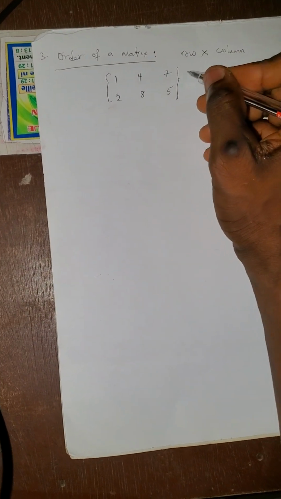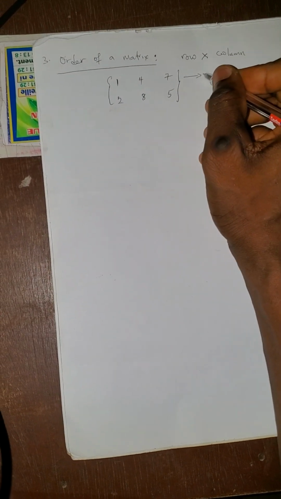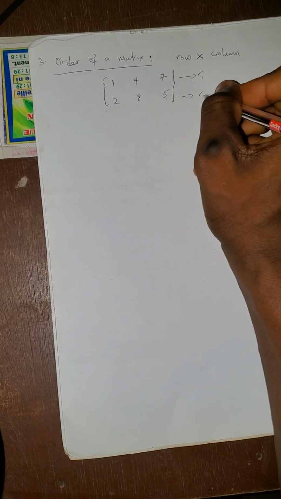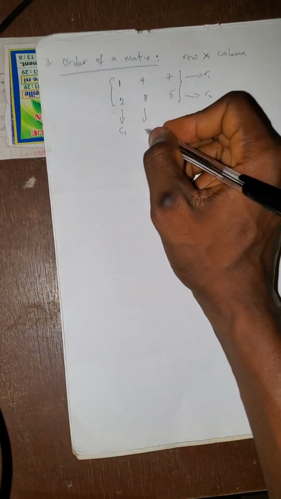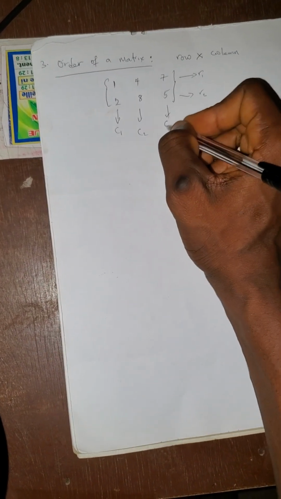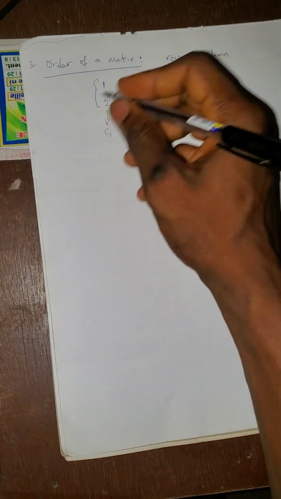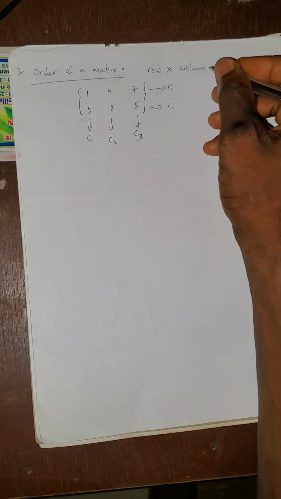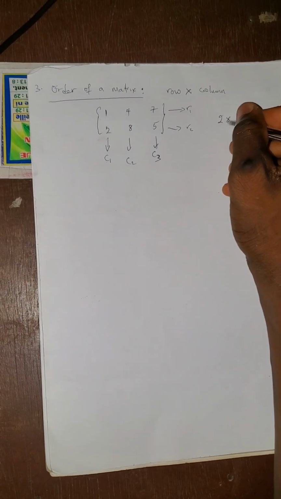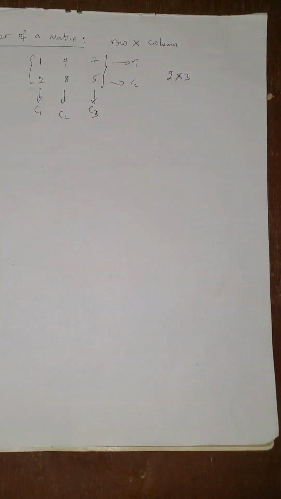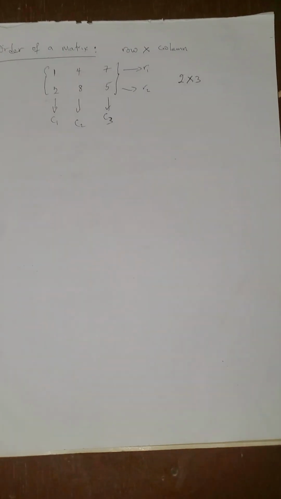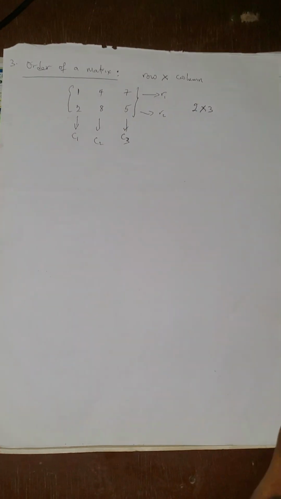This matrix has a first row, second row. It contains first column, second column, third column. So we now have the order of this matrix to be 2 by 3 because it contains 2 rows, but 3 columns. That is how we do the order of a matrix.